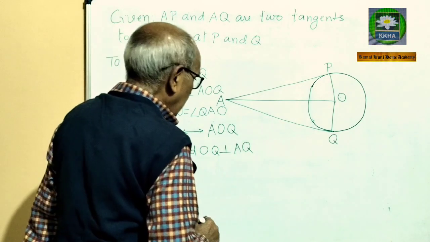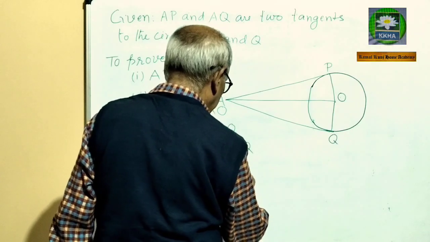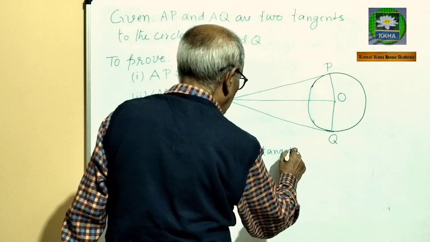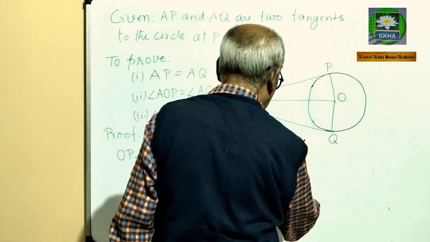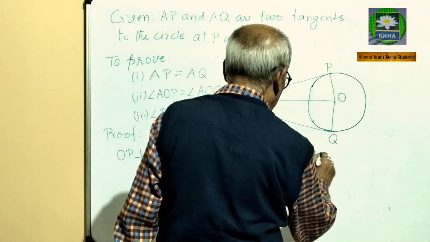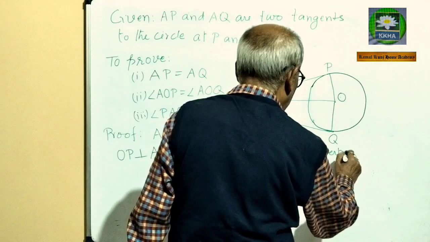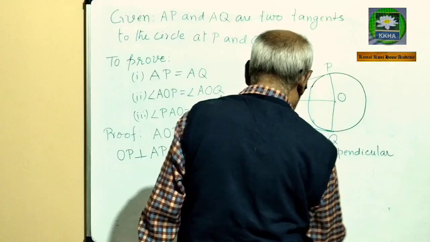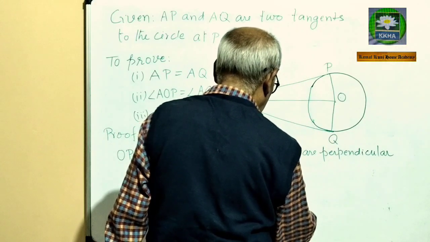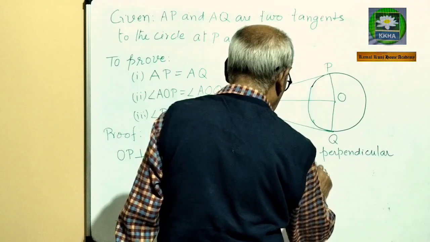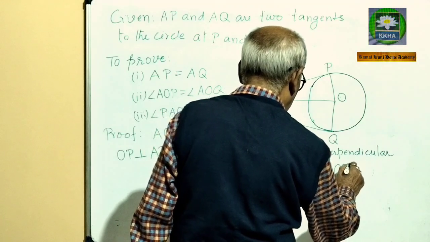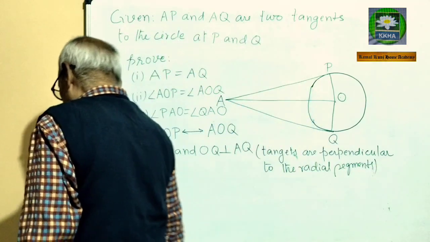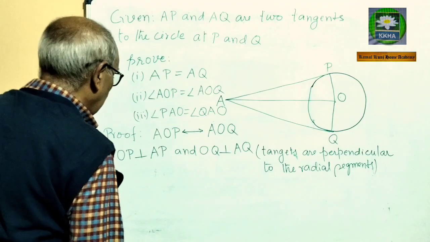Tangents are perpendicular to the radial segments. Tangents are perpendicular to the radius.